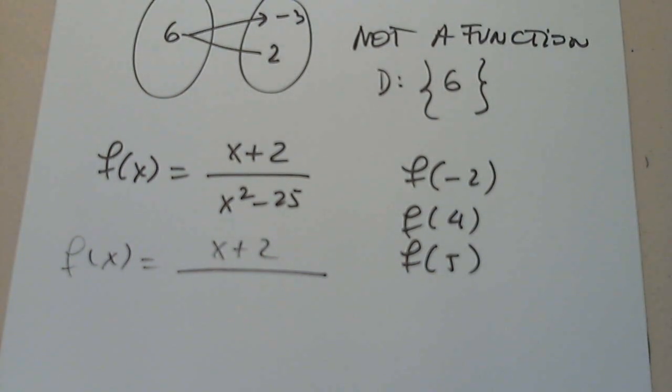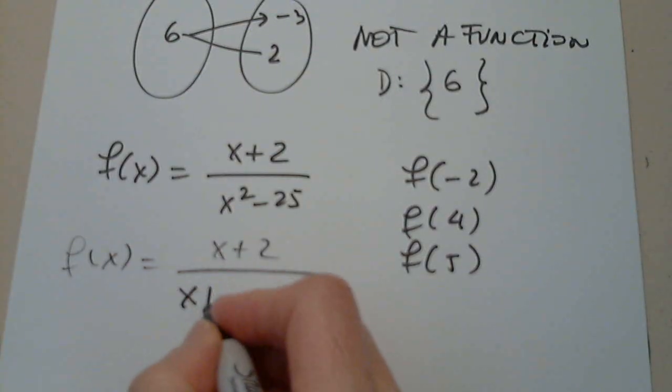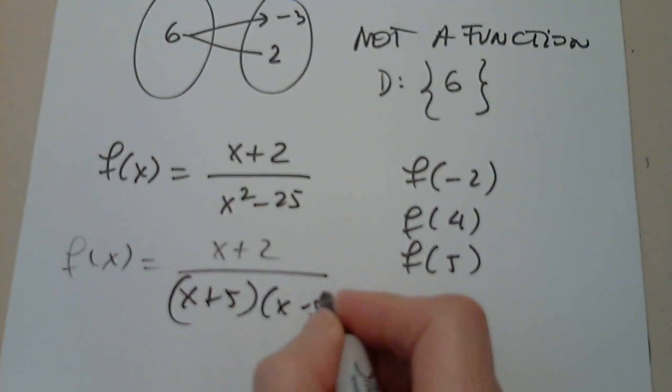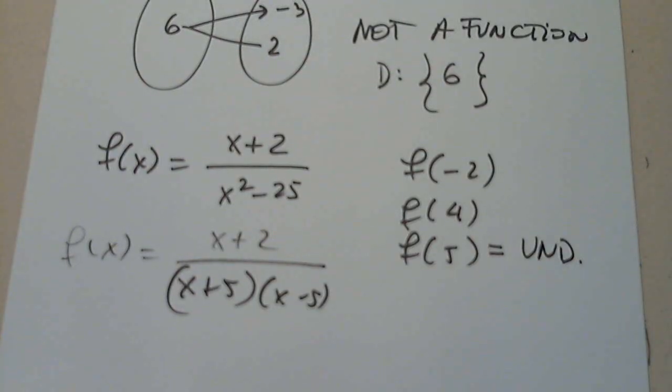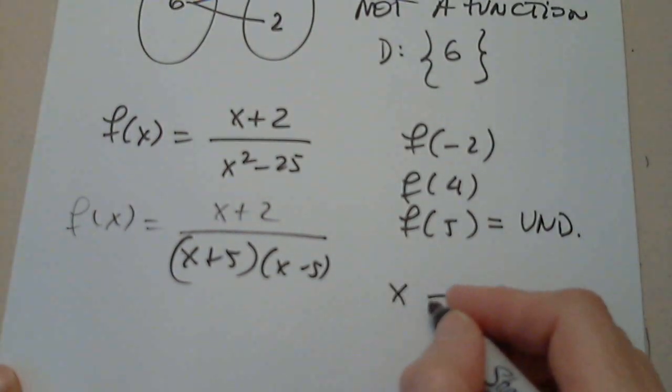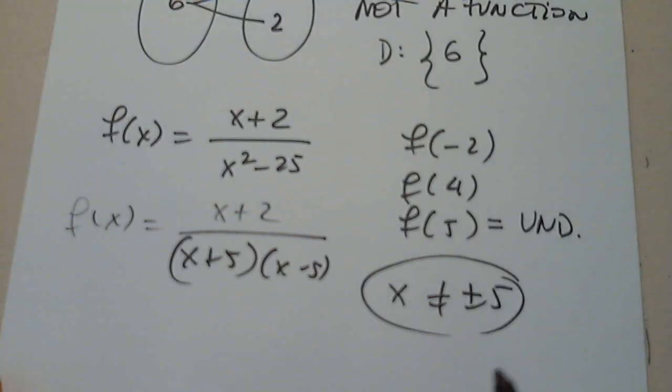You have to factor the denominator. Don't guess, please. Yes, 5 and -5: x plus 5 and x minus 5. So right away I'm going to write undefined. You cannot trip me because I know that x can never be 5 or -5.